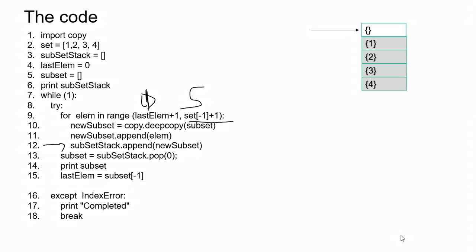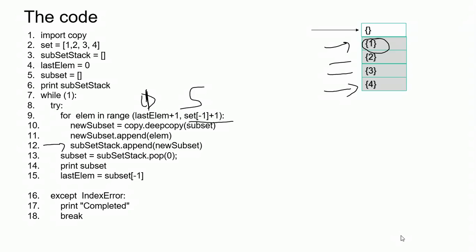Subset.append will push 1 into the stack. The second iteration will push 2 to the stack. The third iteration will put 3, and the fourth iteration will push 4. After this iteration is over, I say subset equals subset pop of 0. Currently the set is here, so pop of 0 will return the element 1. You print 1.